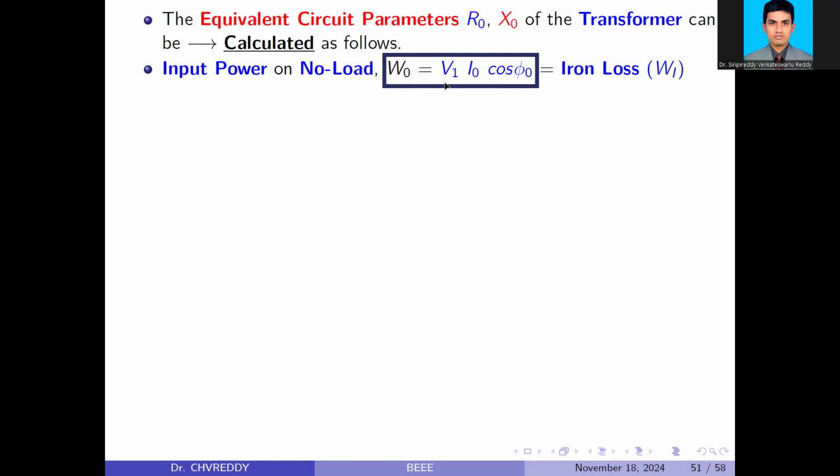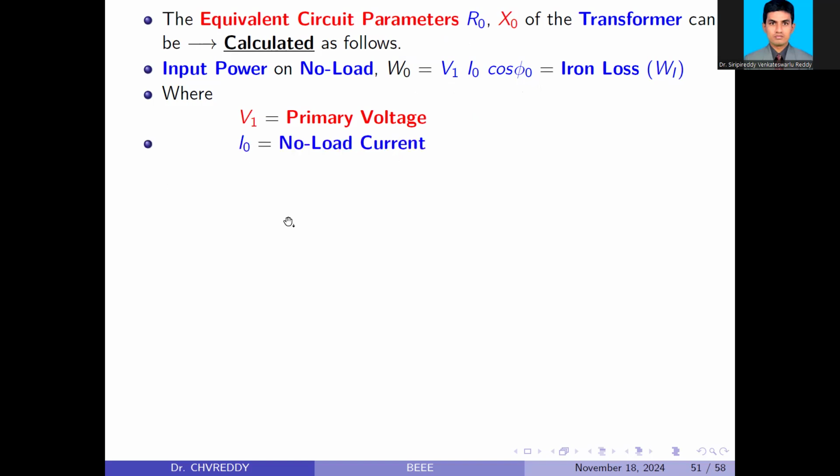V1 is your rated voltage, I0 is the meter current, and cos phi 0 is the power factor. V1 is the primary voltage because the LV winding of the transformer is connected to the rated voltage. I0 is the no load current, cos phi 0 is the no load power factor.